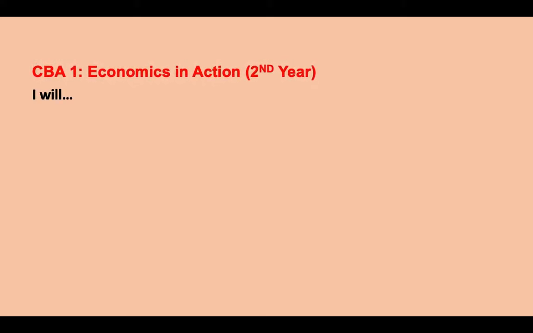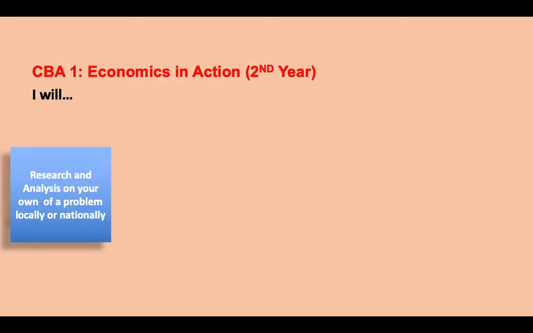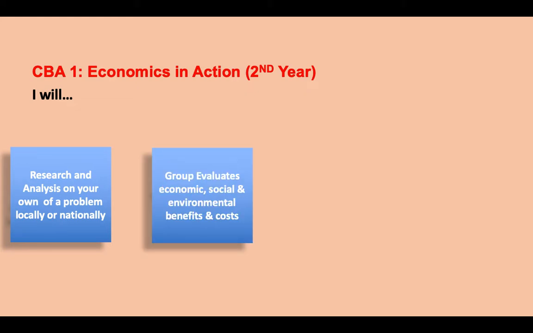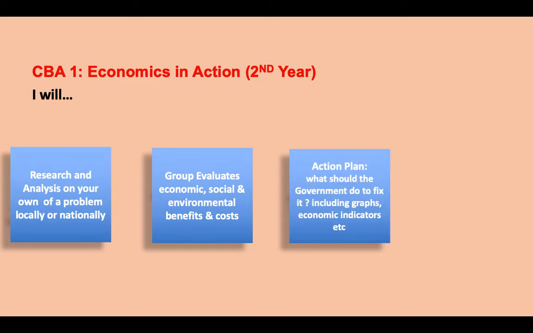So if you're going to do this, then you're going to have to individually do your own research and analyze your view of this problem. The group is then going to take all of the individual analysis that each person has done, and look at how that might be good or bad for the economy, for society, and maybe for the environment.